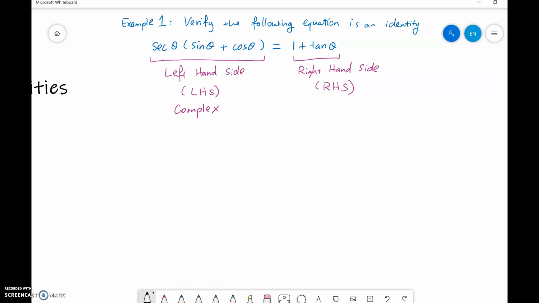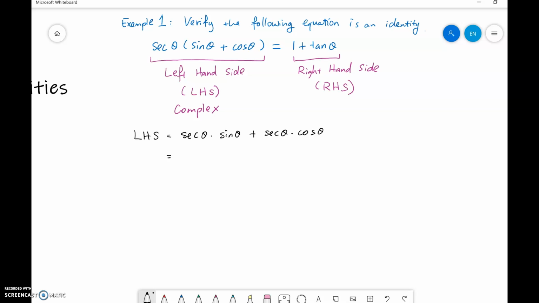Okay, so now I'm going to actually work on this example. When we start a problem, we say which side are we going to start from? For this one, I'm going to start from the complex side. Left side equals, so I do not need to repeat my entire problem. I'm going to multiply using the simple distributive property. Just go step by step.